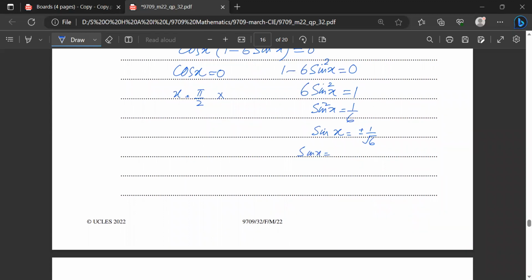Sin x is equal to 1 over root 6, or sin x is equal to minus 1 over root 6. Sine is negative in these two quadrants, so reject sin x equals minus 1 over root 6. Sine is positive here and in the second quadrant.